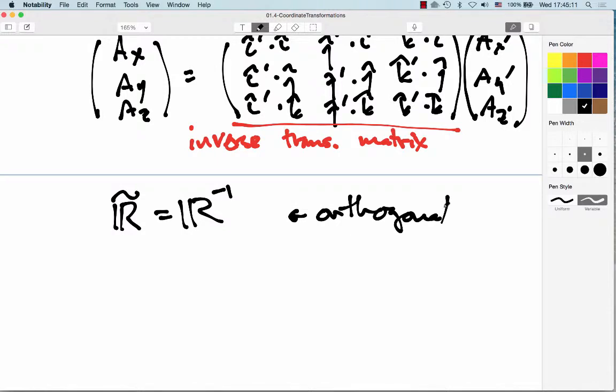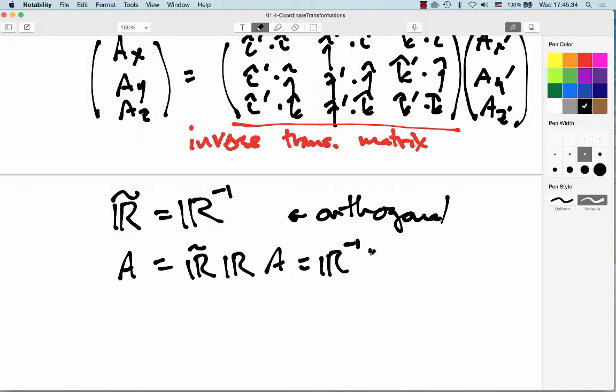So this means, for instance, that I can write my vector A as R transpose times R times A, because that's just multiplying by the inverse. So that's the same thing.